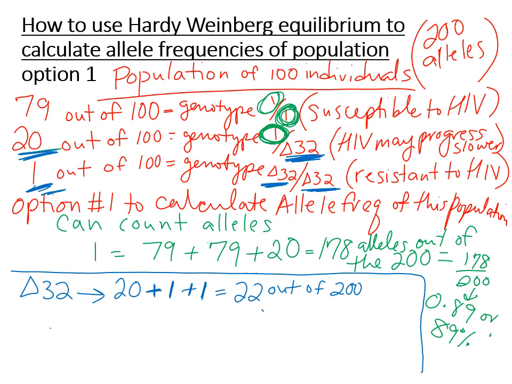Okay, and that's 0.11 or 11% of the population, which makes sense because before we said the first allele was 89% of the population, which means the second allele has to be 11% frequency in that population, because the two alleles, their frequency, if it's in equilibrium, has to equal 100%. There's no other allele for that trait in that population.